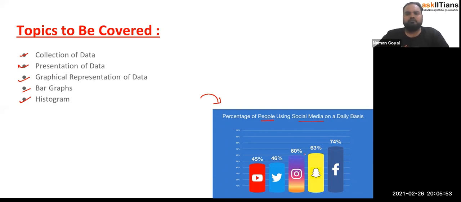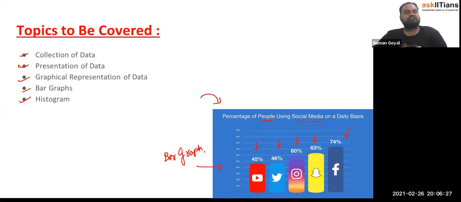So there is data for a company. 74% people used Facebook, 63% used Snapchat, 60% Instagram, 46% Twitter, and 45% YouTube. This representation is known as a bar graph.